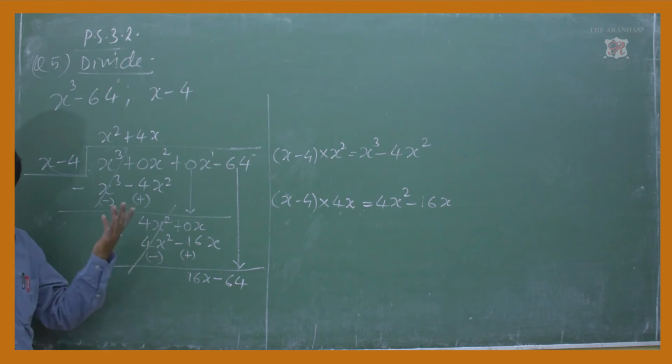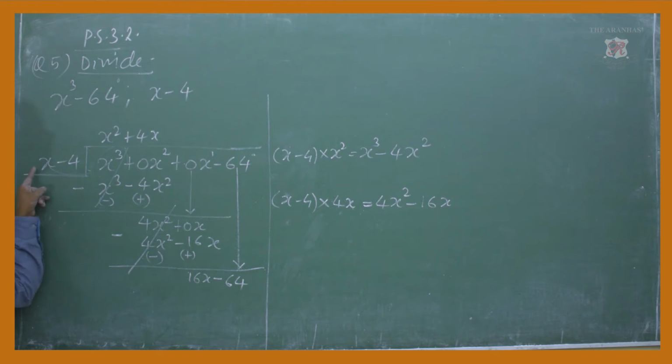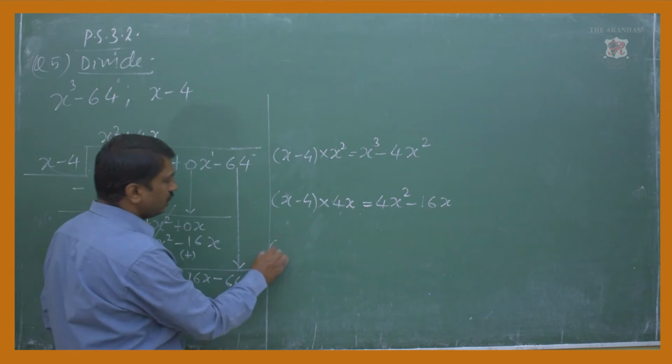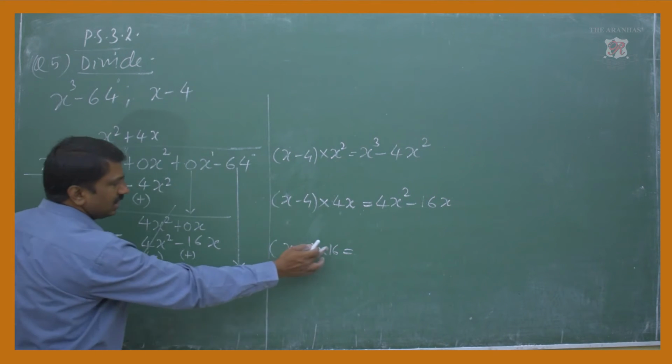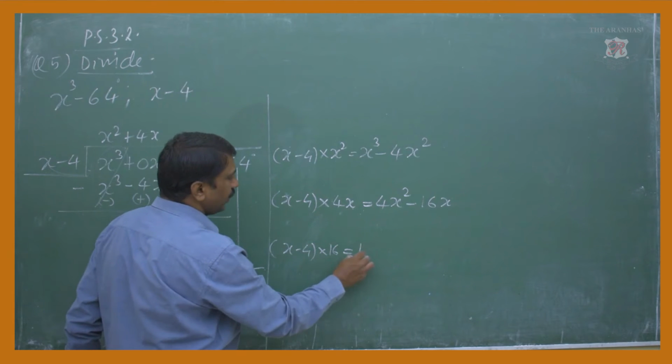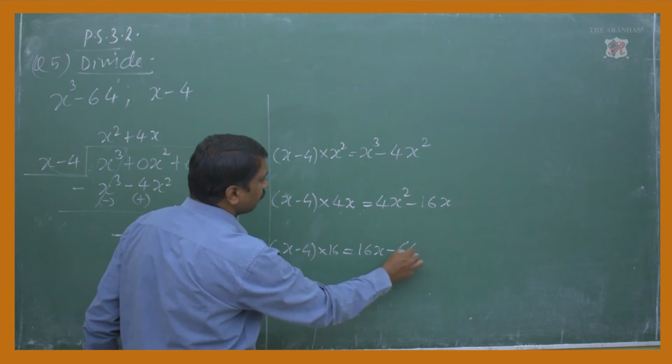Now let us see, the first term of the remainder is 16x and the first term of the divisor is x. Here 16 is there. So simply what we have to do, x minus 4 into 16, because if we multiply this 16 to the x, we are going to get 16x minus 16 fours are 64.